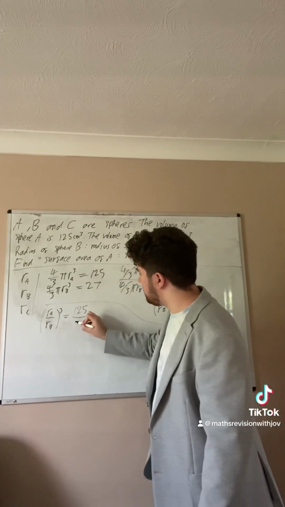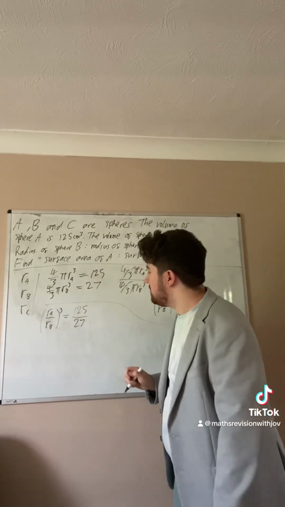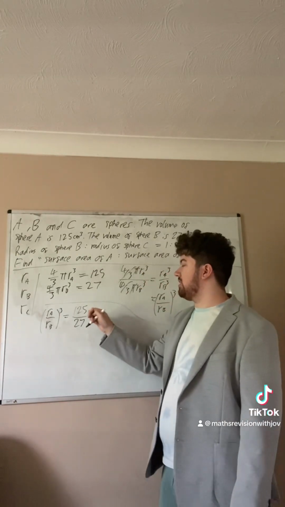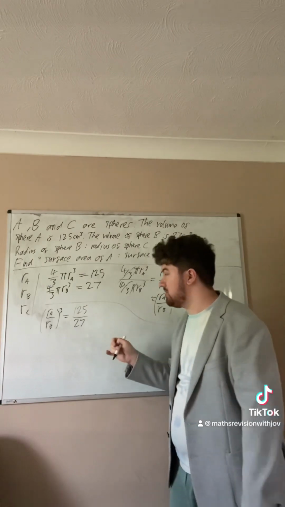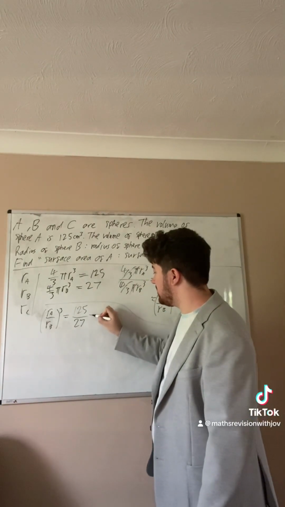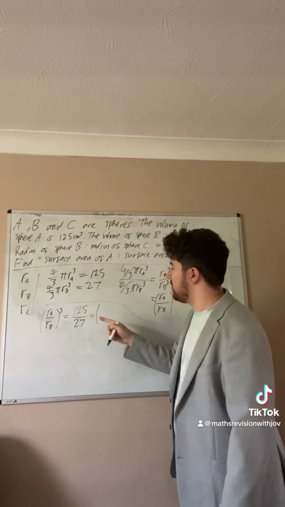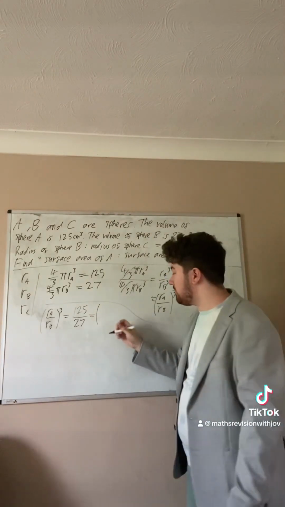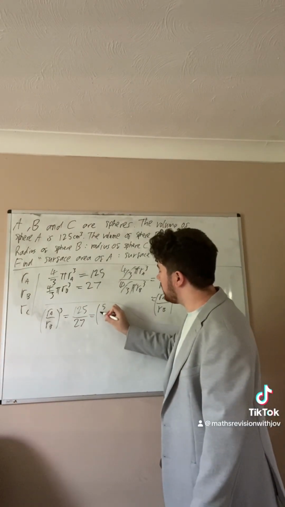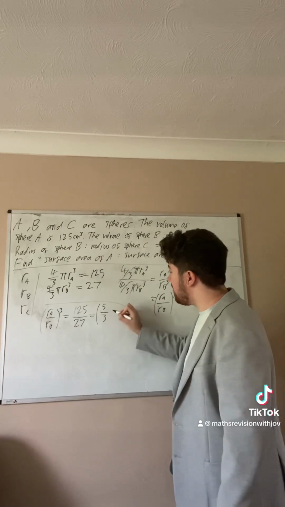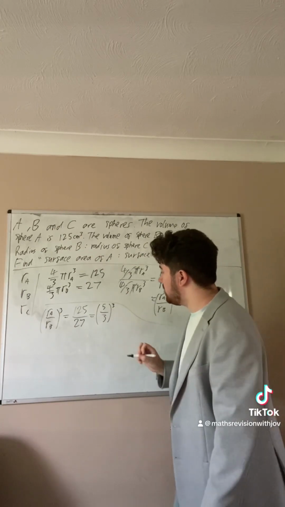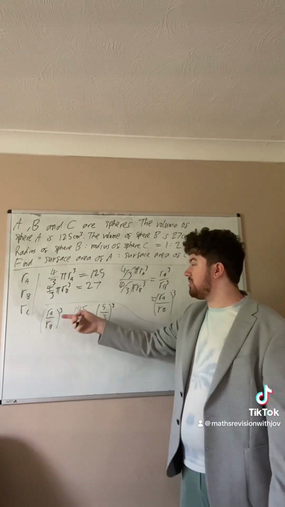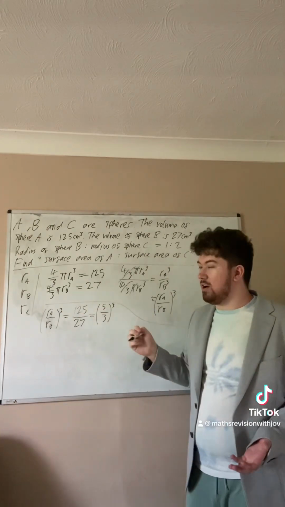125 divided by 27. Now notice that both of these numbers are actually cube numbers, so we can simplify this. The cube root of 125 is 5, and the cube root of 27 is 3, and this is all cubed, which means now we've got both sides of the equation having a power of 3 in them.